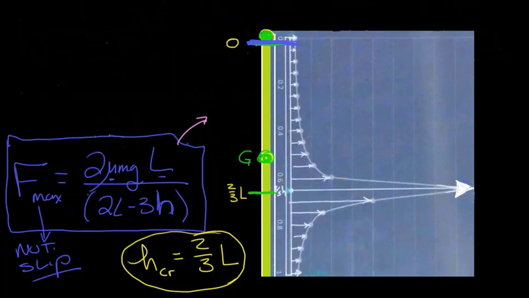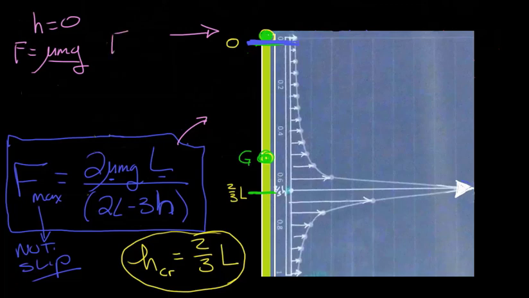And it's interesting to see that at H equal to 0, if we hit it right up here at the very top, that goes to 0, and the 2L will drop out, and we get directly that F will equal mu mg, which is the same force we would find if we were just trying to push a block across the surface. We overcome the static friction and it moves. And that's because we're right here underneath that roller which has friction. And then as H increases, we find the force goes up from that minimum value, and at the center of percussion, it reaches an infinite force.